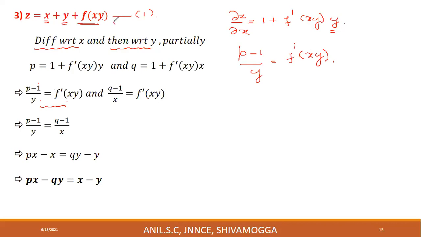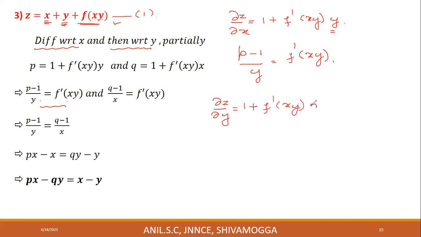Similarly, we differentiate the same equation, equation number 1, partially with respect to y. Derivative of z is del z by del y. This is equal to the partial derivative of x with respect to y, which is 0 because x is treated as constant. The derivative of y with respect to y is 1, plus the derivative of f of xy, which is f dash xy into the derivative of xy partially with respect to y.